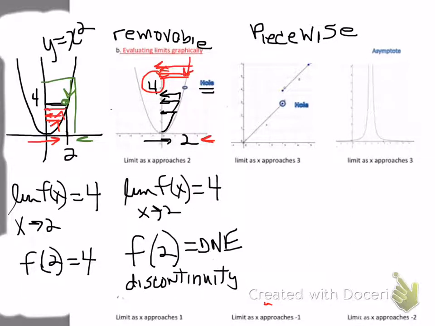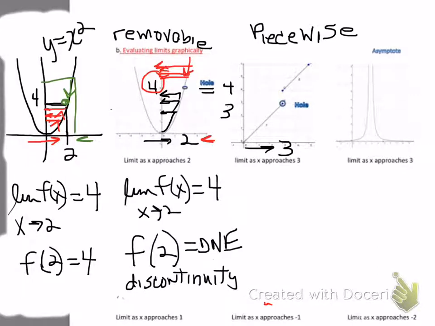As I approach the value, in this case 3, on my y-axis I have a value of 3 right here and a value of 4 here. So those will be the most important values.